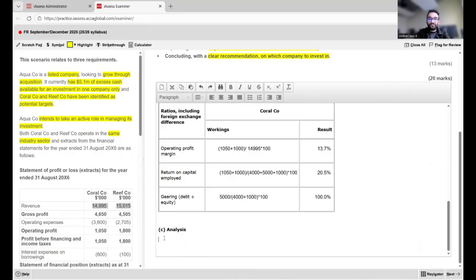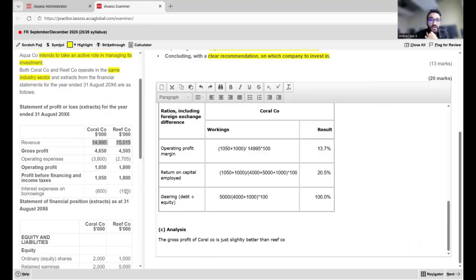Let's say the gross profit of Coralco, use the company name, is just slightly, although you can be specific as well, 1% better than Reefco, right? The gross profit of Coralco is just slightly better than Reefco.